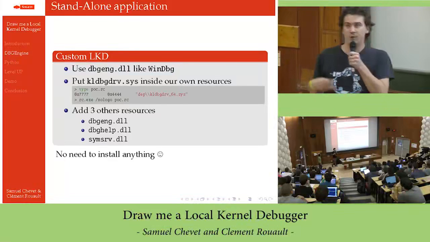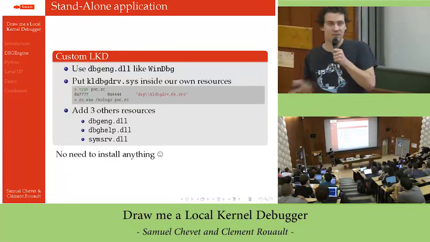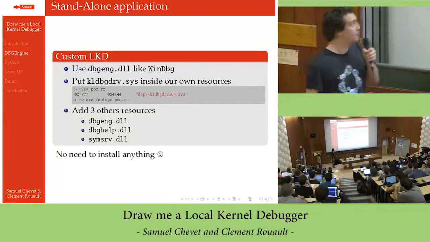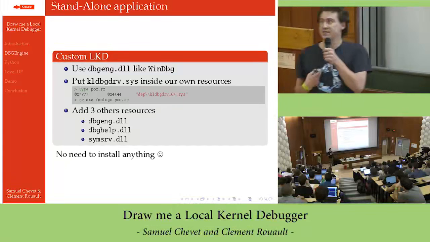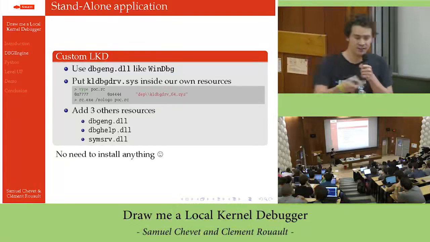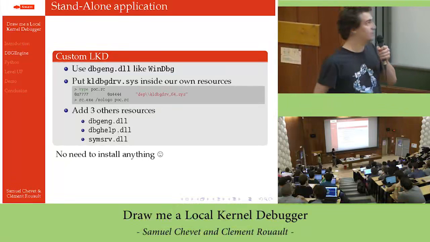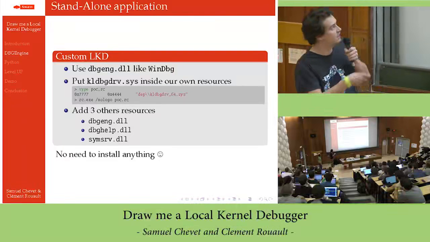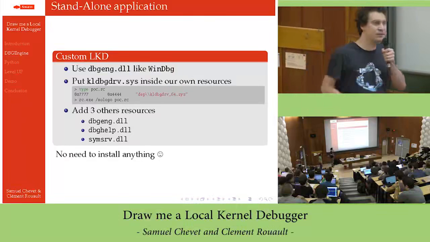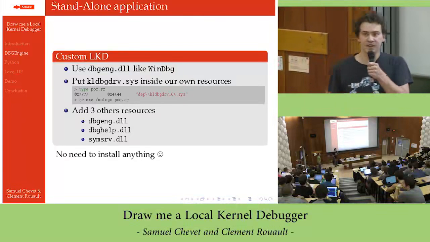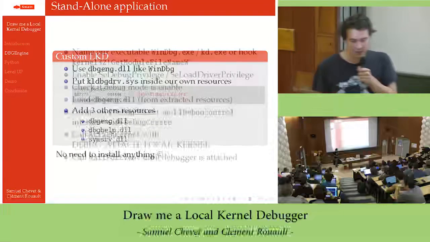So if you want to create a local kernel debugger, it's really easy. We just grab the DLL, dbgeng.dll. We just put resources in our process, like the driver, and we just add other resources like dbgeng.dll, dbghelp, and symsrv for all the symbol stuff. And we don't need to install anything, and we have a local kernel debugger.